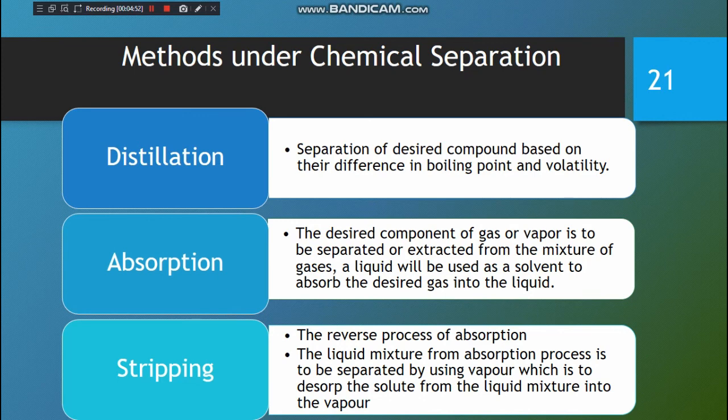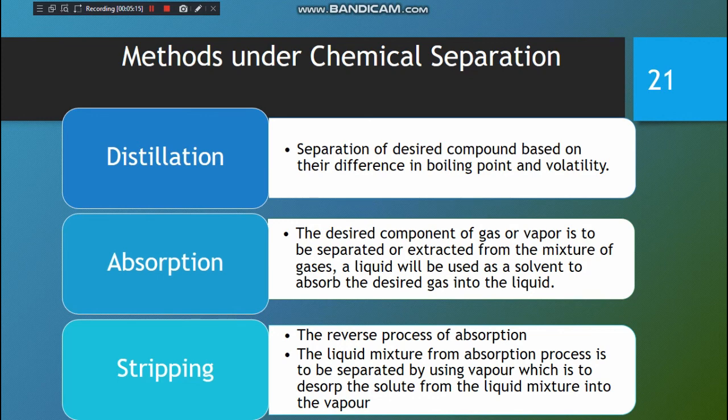Based on this description of distillation, it can be seen that the separation of the desired compound involves only one phase, which is the liquid phase. So it can be simplified to conclude that distillation involves the separation of desired components based on their differences in boiling point and volatility.